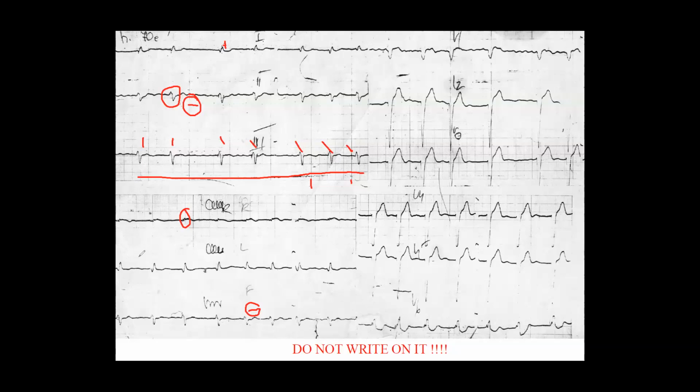But if you start with the QRS, there's the axis immediately, and you are missing the P wave. So first rhythmicity, next heart rate, and next the P wave, because you have to say whether it is sinus or not.